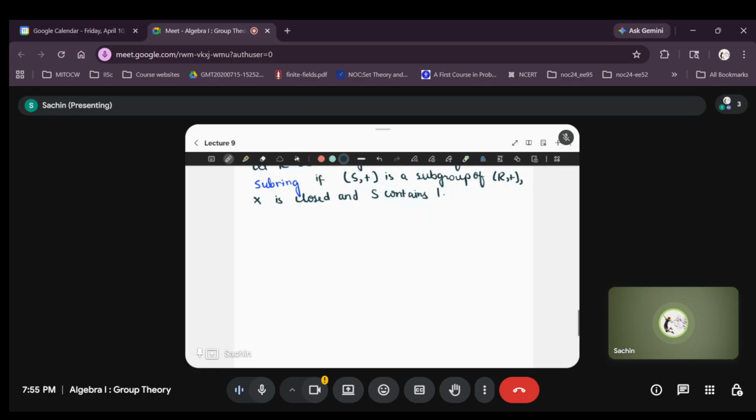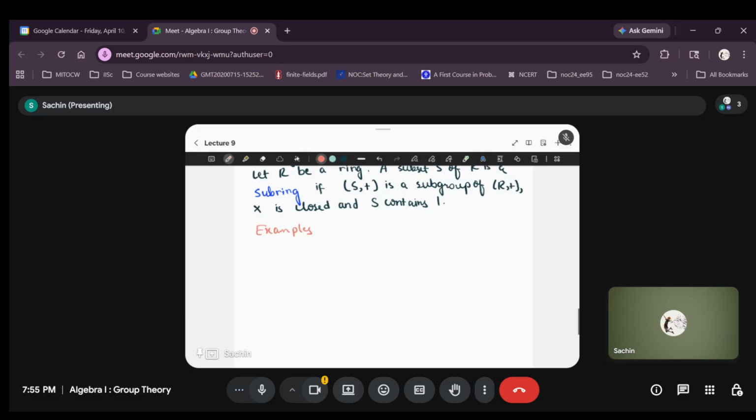Actually, the most trivial ring you could have, we'll go back to examples. Okay, first I'll give examples of subrings: Z, Q, R, Z[i] are all subrings of the ring of complex numbers.